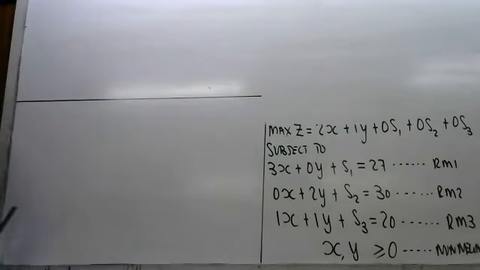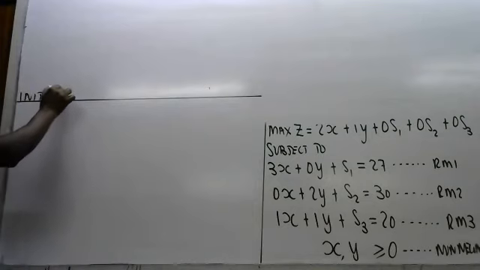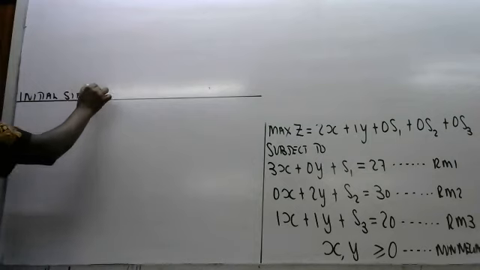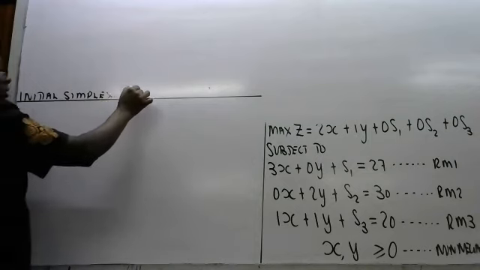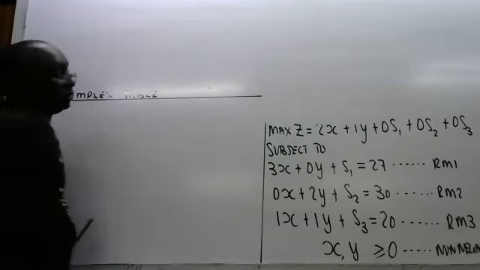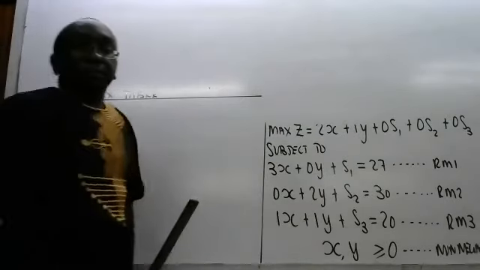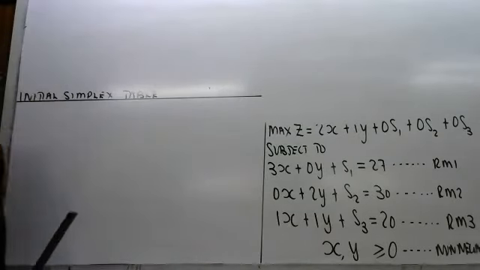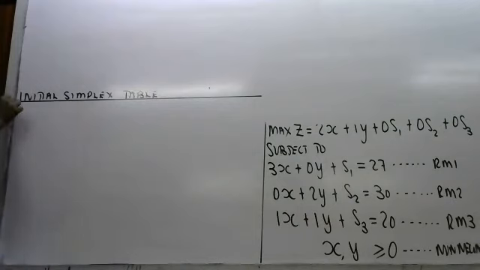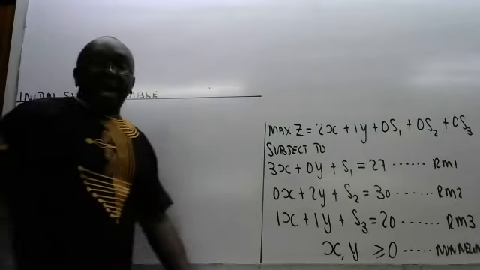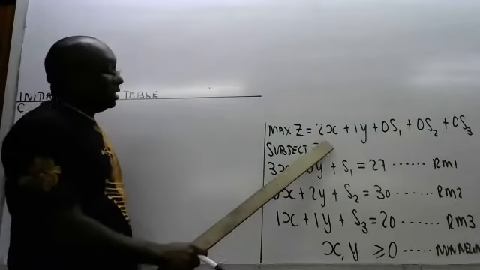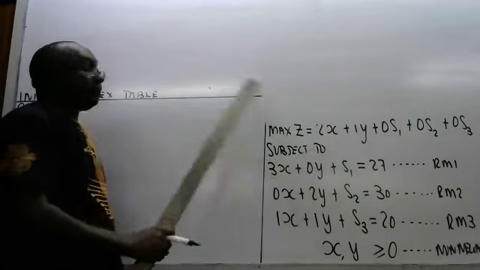Now, we will draw the initial simplex table. I want to add this one so that tomorrow I don't have to write it. God willing. The initial simplex table has a column called C, a column called basis, and the other titles of that column are the items in this function.